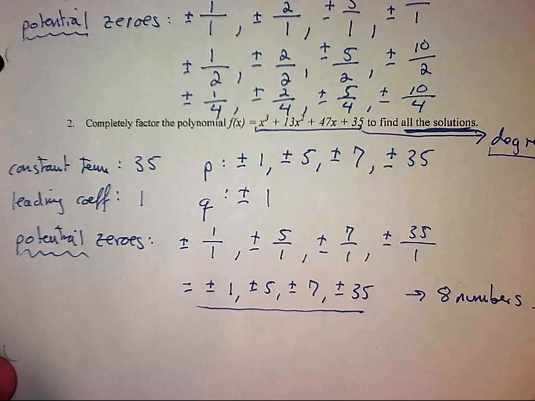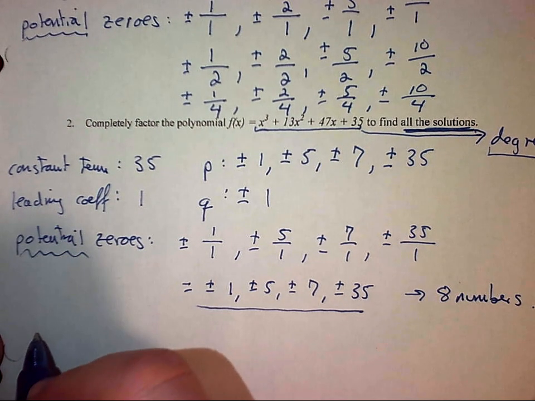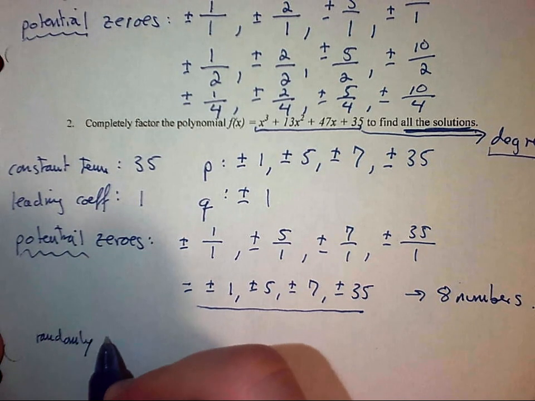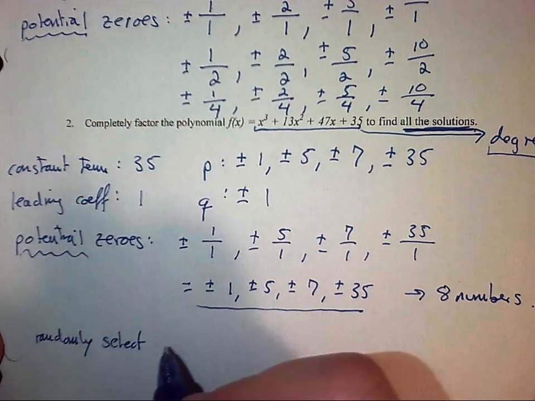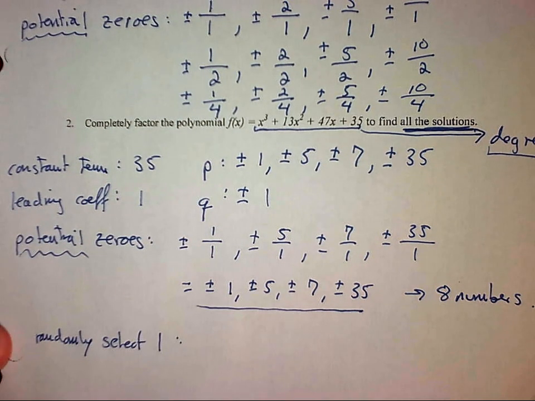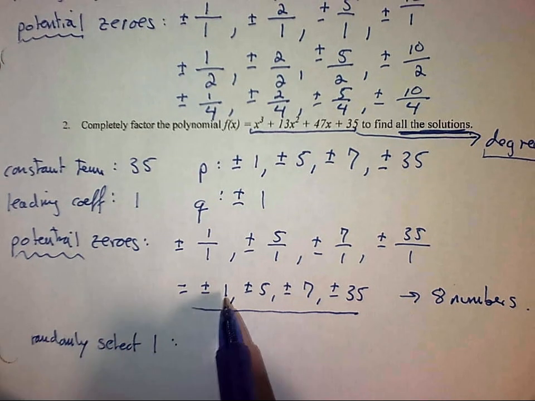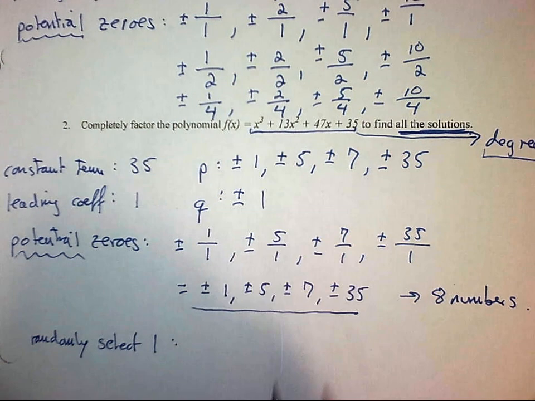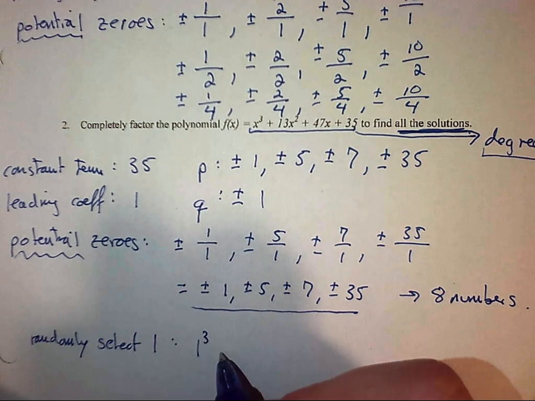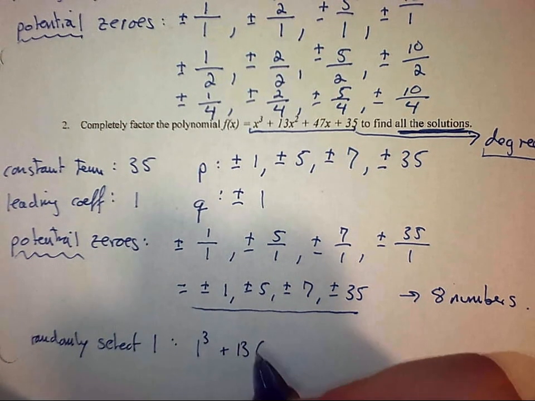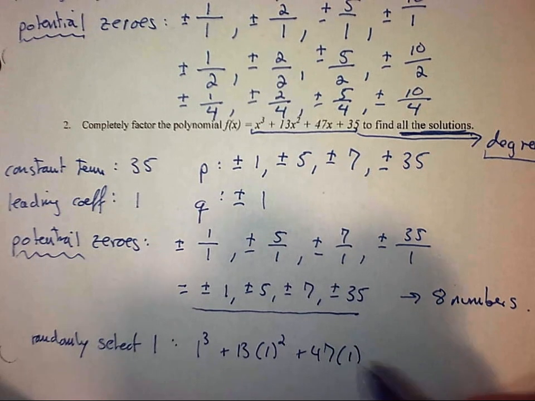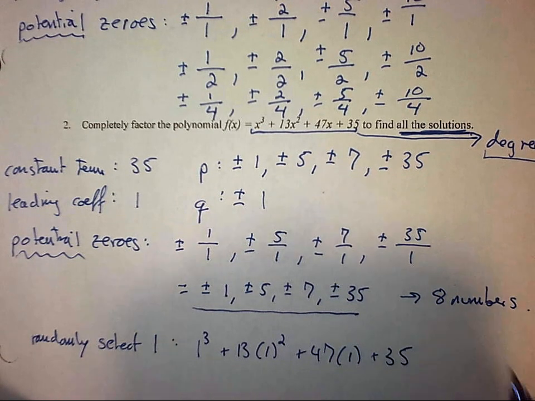Let's say I'm just going to randomly select the number 1. Right here we have plus or minus 1, so I'm just picking the plus 1. If I take this 1 and plug it in, we're going to get 1 cubed plus 13 times 1 squared plus 47 times 1 plus 35.